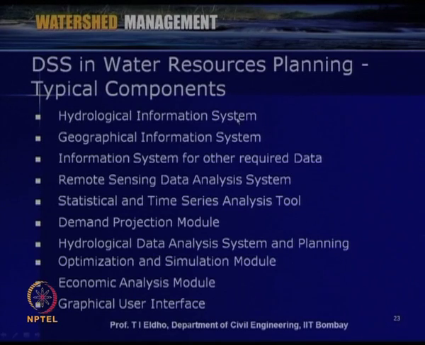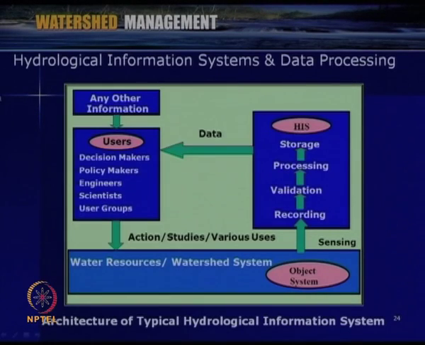Like hydrological information systems, geographic information systems, then information system for other required data, then remote sensing data analysis systems, then a statistical and time series analysis tool, demand projection module, hydrologic data analysis system and planning, optimization and simulation module, economic analysis module, graphical user interface. So, like that many of these components can be there depending upon the problem, depending upon the river basin or watershed for which we are developing the decision support system.